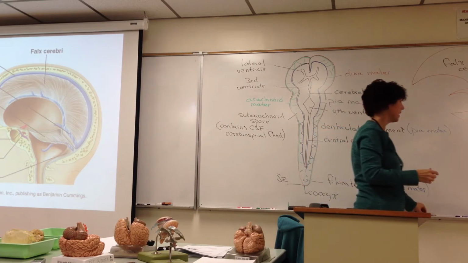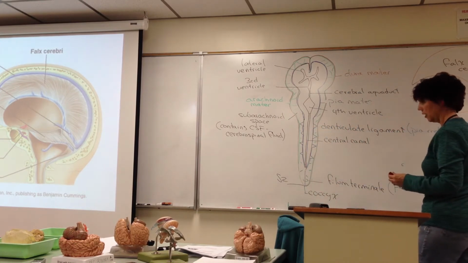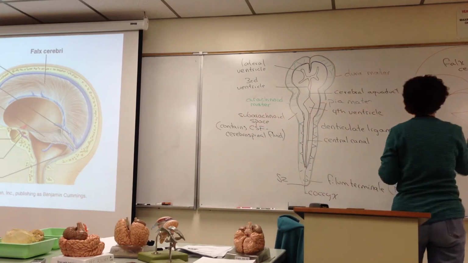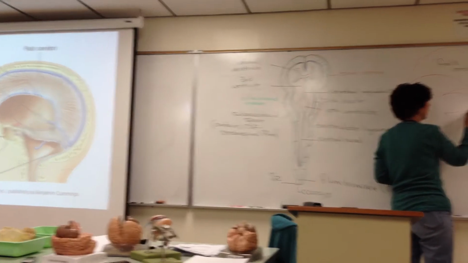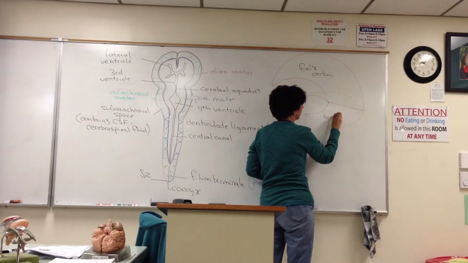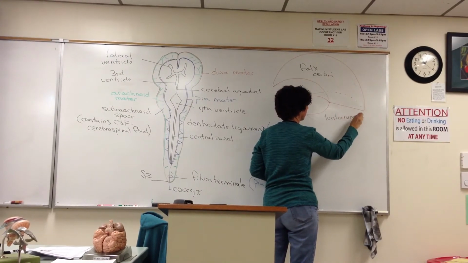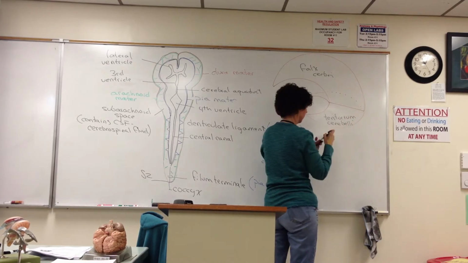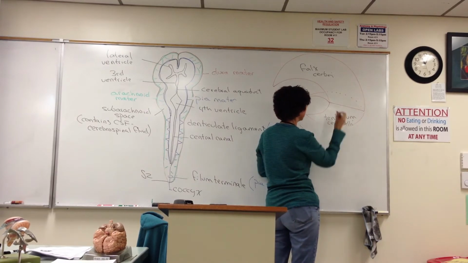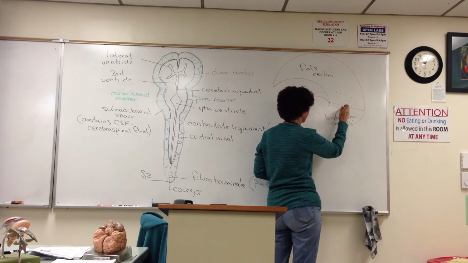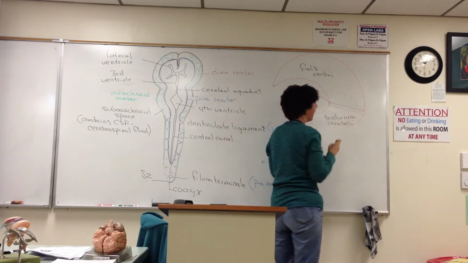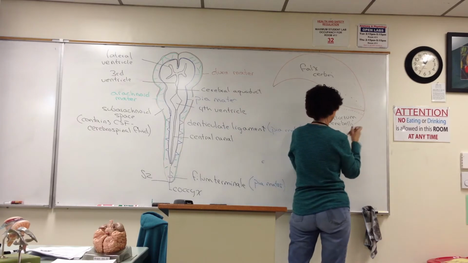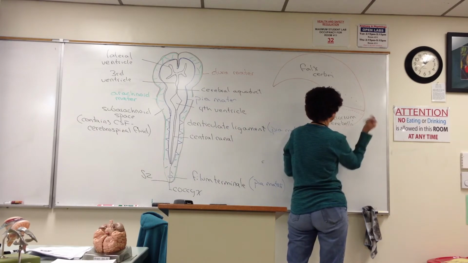Okay, so these are folds of dura mater, and so the tentorium cerebelli would be this structure here. And then there's just a slight narrow space, only about 1/4 inch to 1/2 inch, between the two cerebellar hemispheres. That's known as the falx cerebelli.